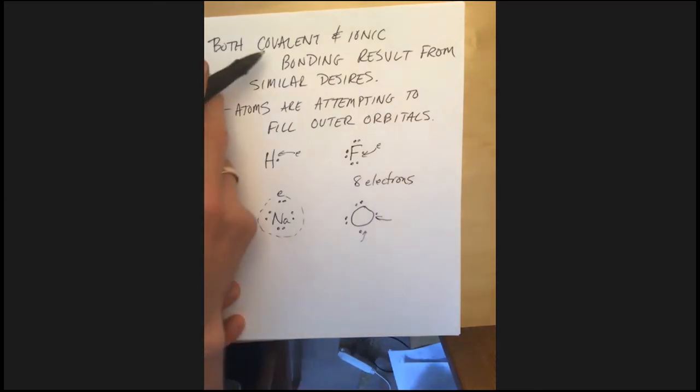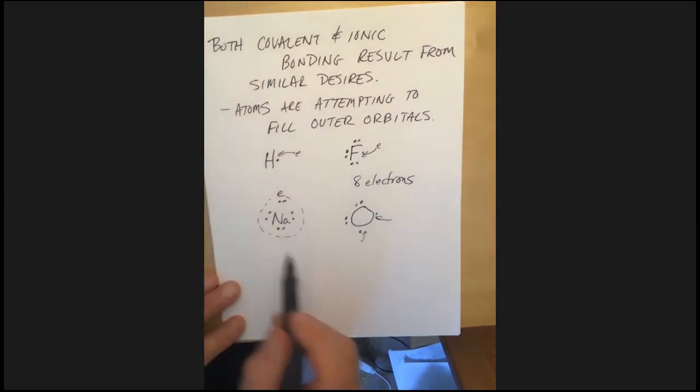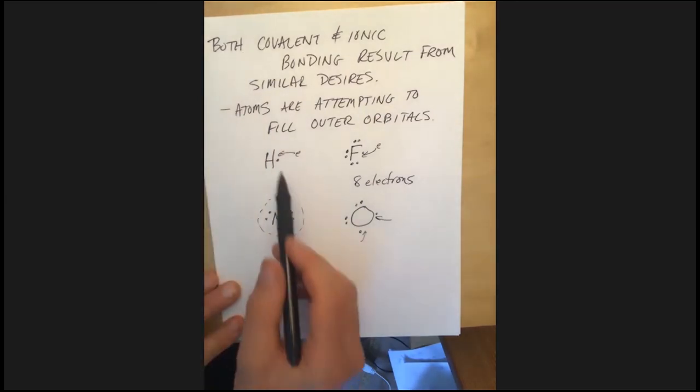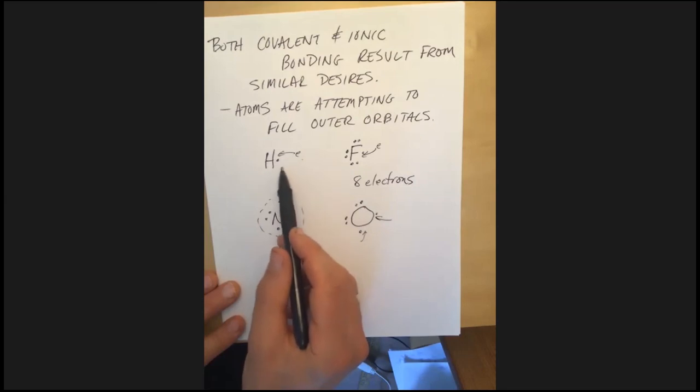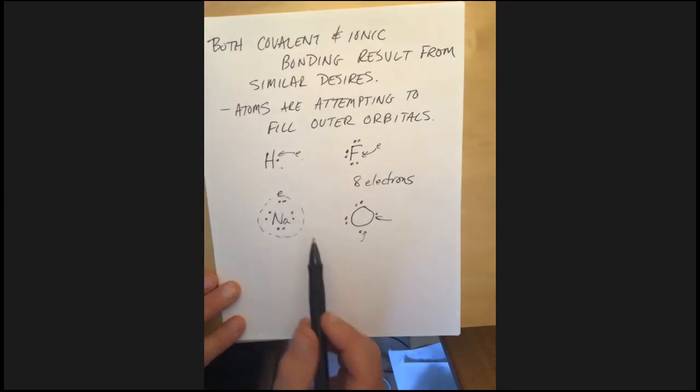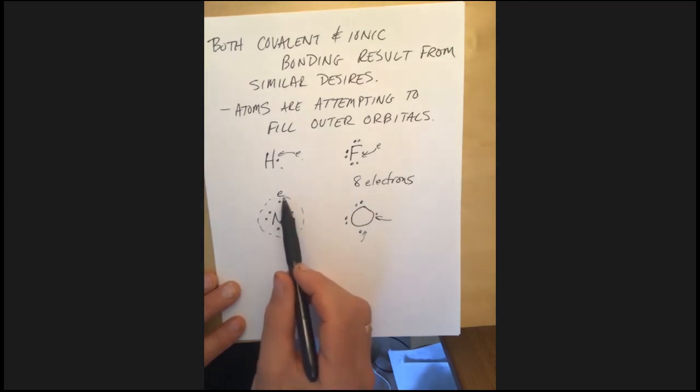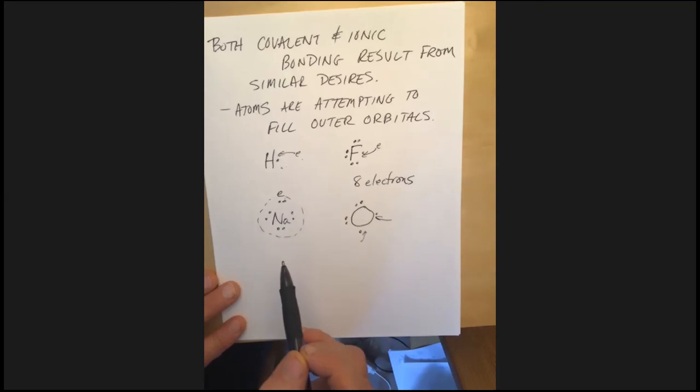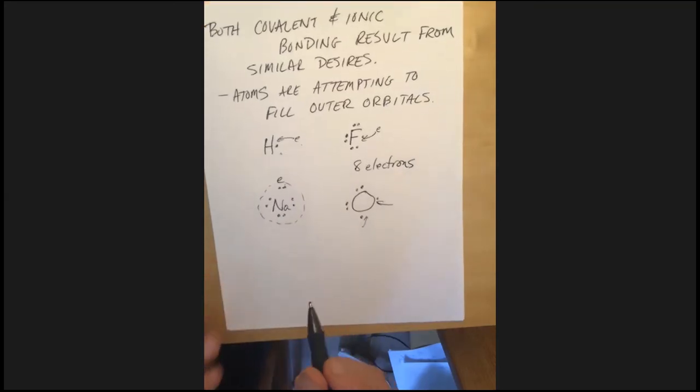So in covalent bonding, the atoms share electrons to fill those locations. In ionic bonding, an electron is transferred from one atom to another atom. So the difference between the two is whether or not they're sharing electrons, basically.